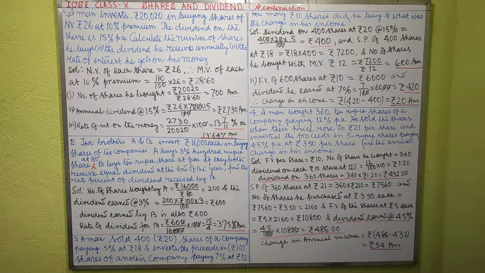And rate of interest on his money equals 2,730 by 20,020 into 100, which is 13 whole 7 by 11%, or 13.6%. This is the answer.